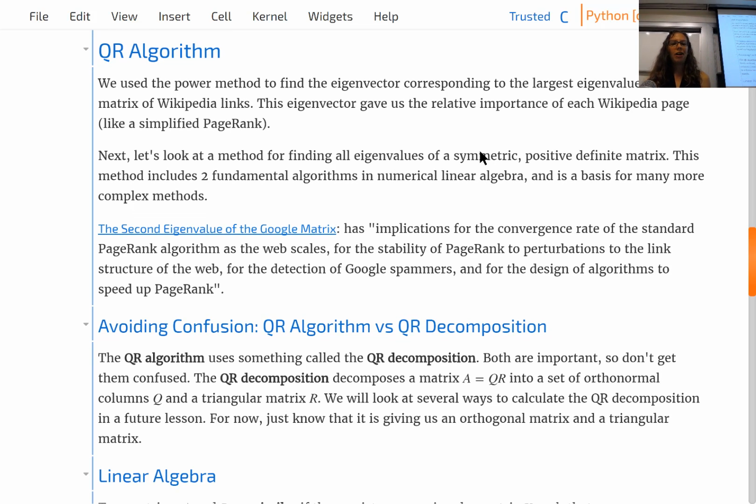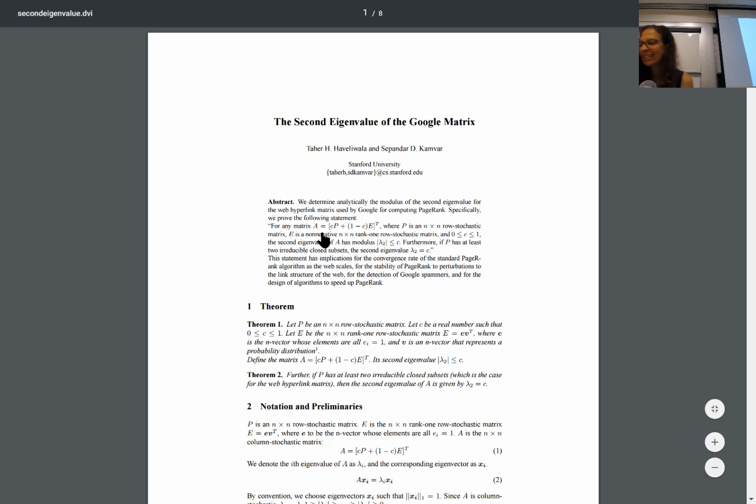So last time we were just finding a single eigenvector, and the QR algorithm lets us find potentially all the eigenvectors. And this is a paper called The Second Eigenvalue of the Google Matrix, which I thought was neat.